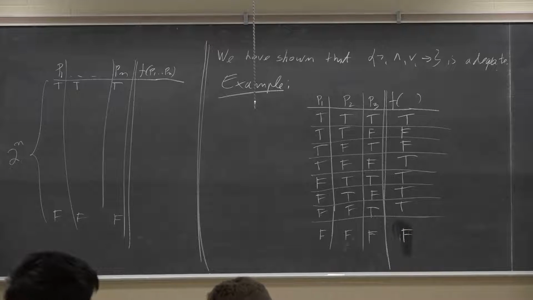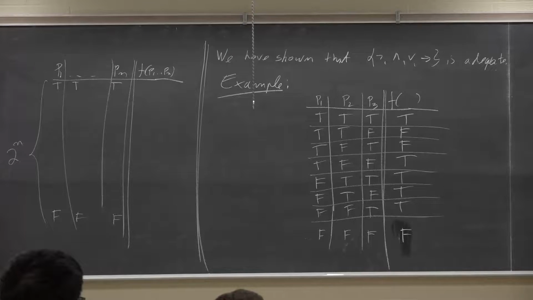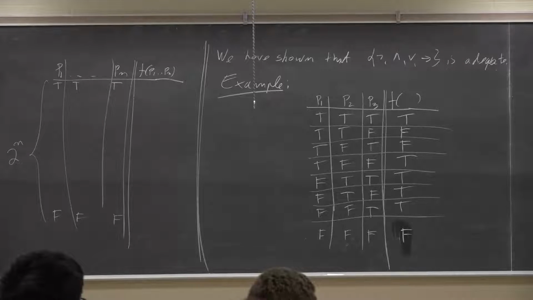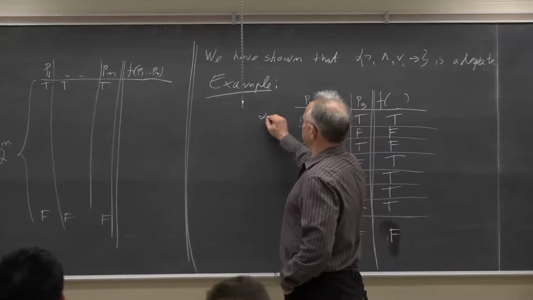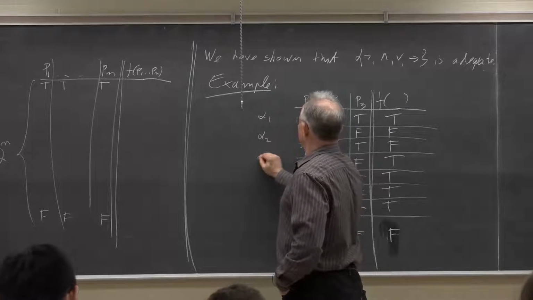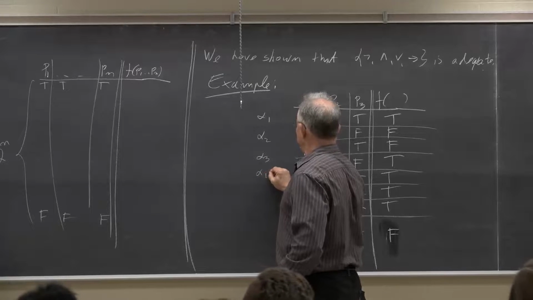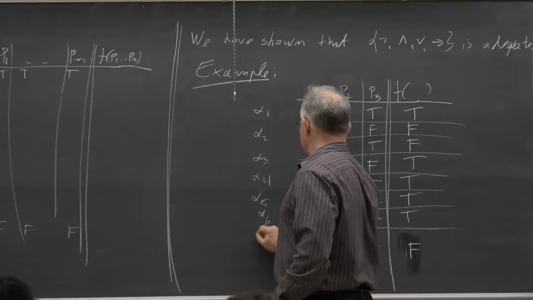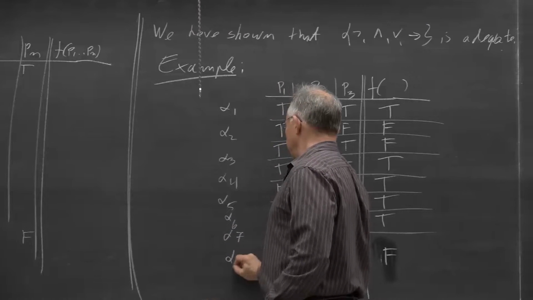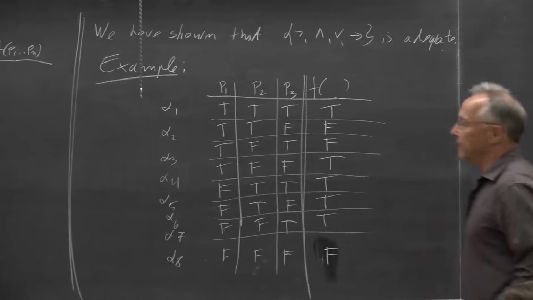Okay. So now I want to express this function with the connectives that I have there. So what am I going to do? I'm giving names to each line. So this is alpha 1, alpha 2, alpha 3, alpha 4, alpha 5, alpha 6, alpha 7, alpha 8. So each row gets a name.